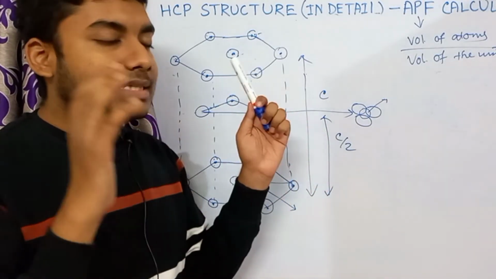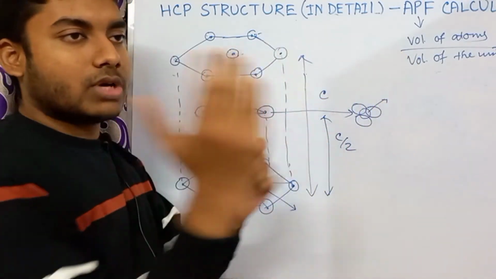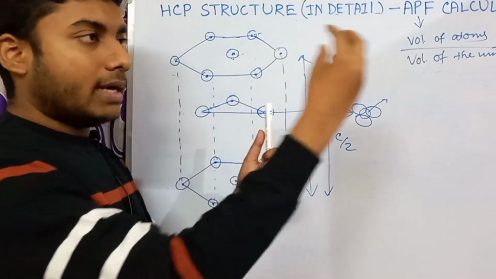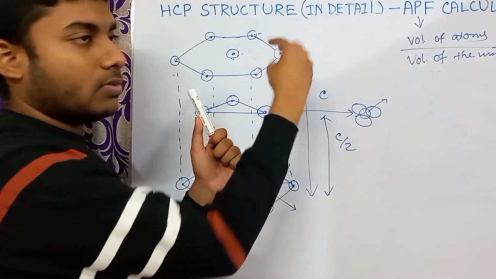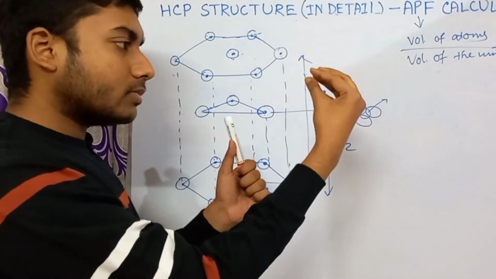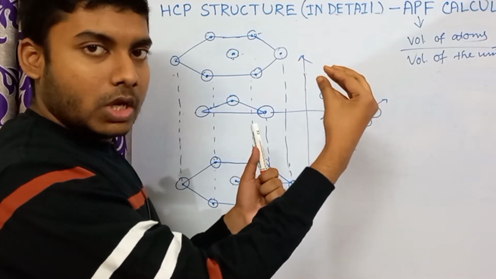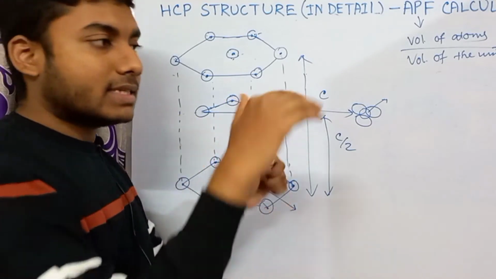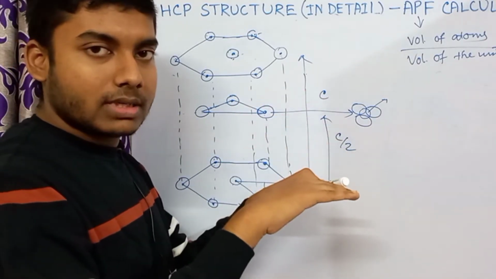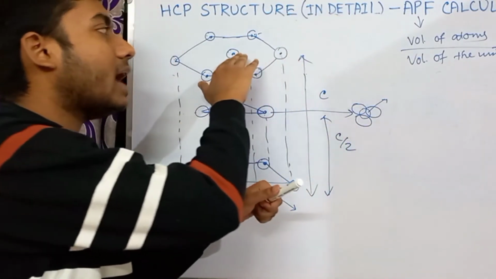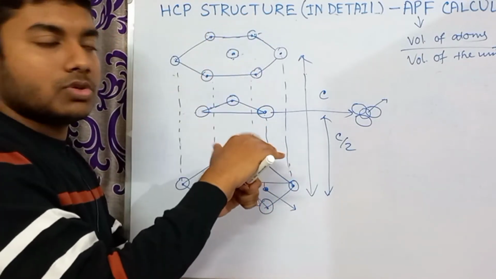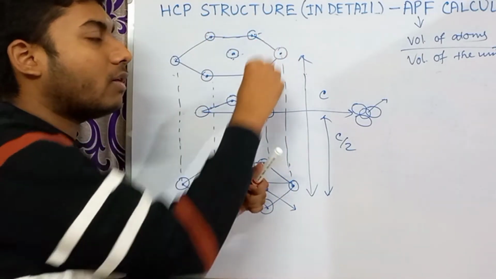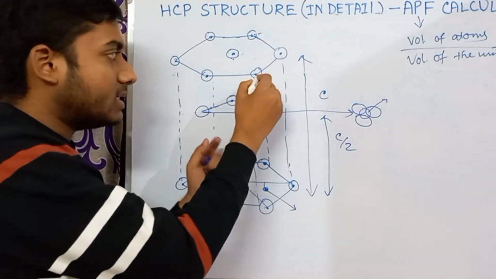Just imagine that we have this hexagonal structure, and we have this atom at this corner. To cover it completely, we have to put 3 unit cells in the lower region and 3 in the upper plane.